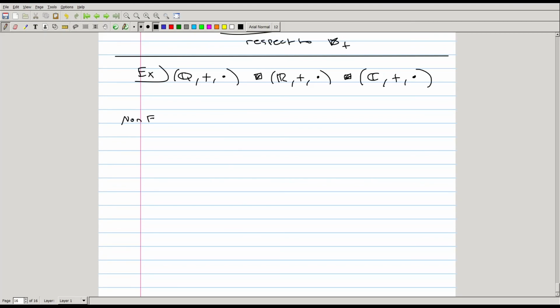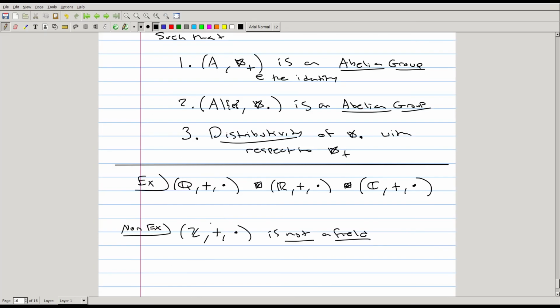A non-example: the set of integers with addition and multiplication is not a field, namely because the integers minus 0 under multiplication don't have inverses. So for any non-1 integer, there exists no multiplicative inverse of that integer. This is not an example of a field, but of a ring.